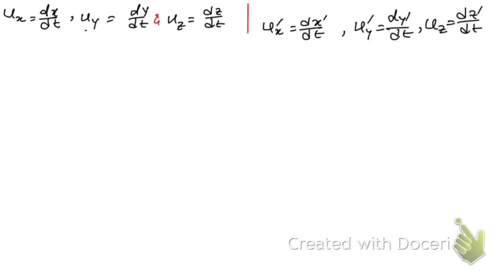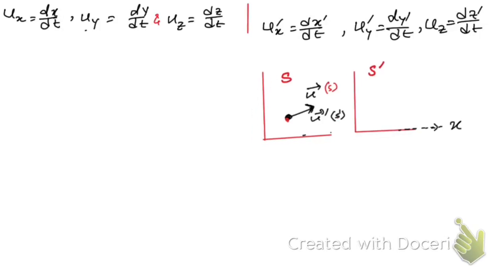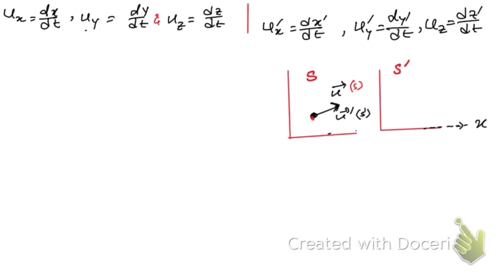Now here you see, according to the Lorentz transformation, first let me draw the diagram here. Okay, now according to the Lorentz transformation, you know that x dash is equal to x minus vt divided by root over 1 minus v square by c square, that's right?